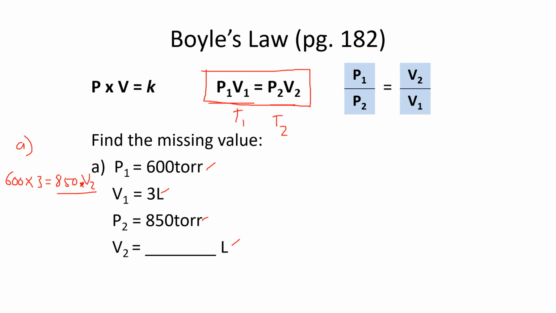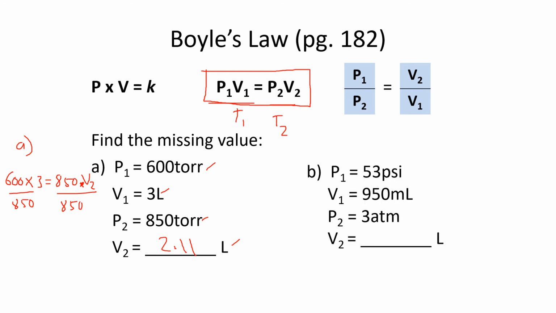All you gotta do is divide both sides by 850. 600 times 3 divided by 850, and your volume is 2.11 liters. Right? So now that you know the combined gas law, these fraction ones are a lot easier.